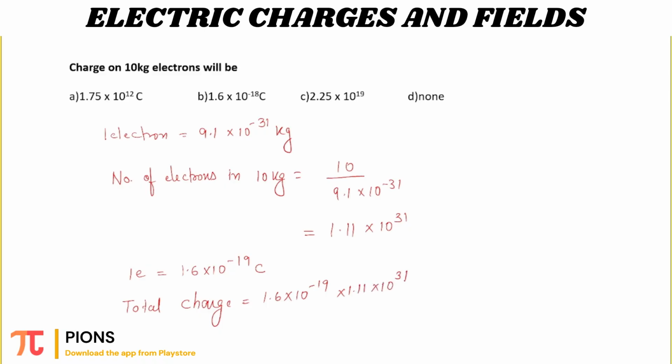Now 1.11 into 1.6 will give approximately 1.77 into 10 to the power 31 minus 19, that is 12 coulomb. So approximately option A is correct, 1.75 into 10 to the power plus 12 coulomb. That's our correct answer.